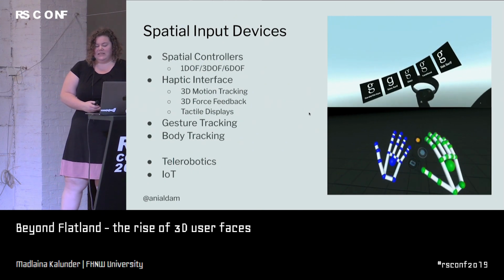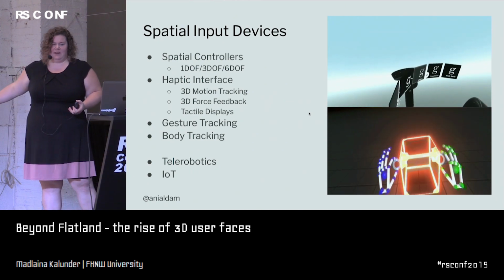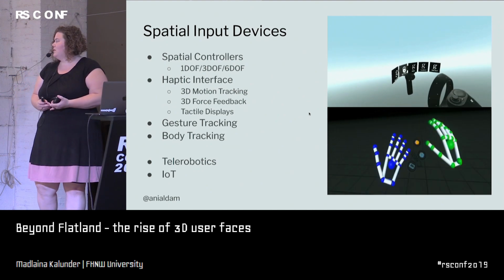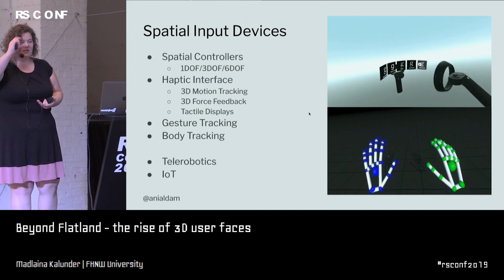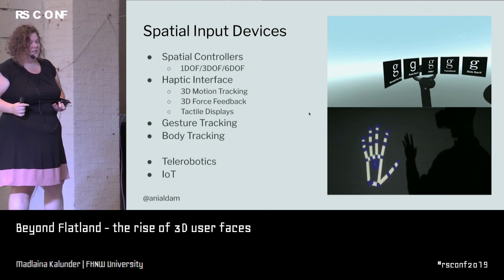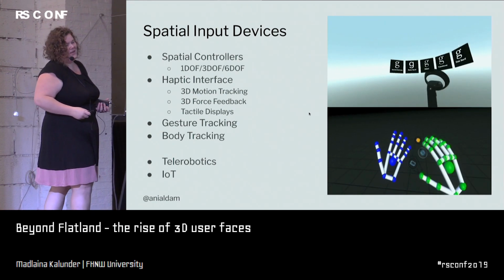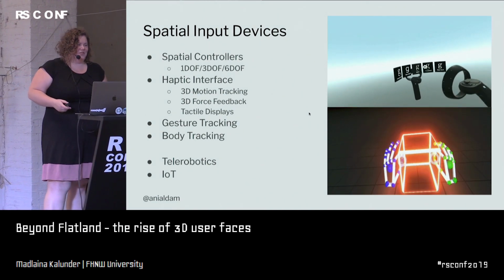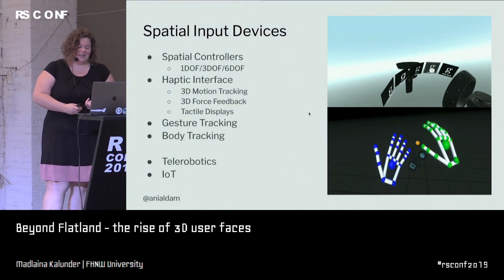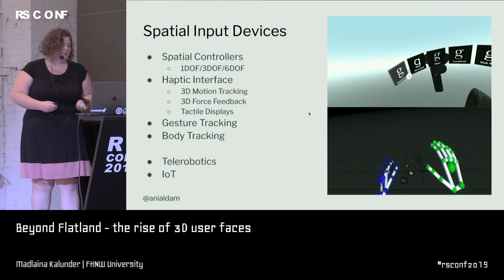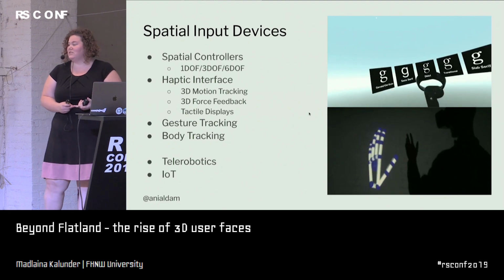Then what we also see is gesture tracking. That's where, for example, this Leap Motion product comes in, but also the Microsoft HoloLens is doing gesture tracking. There is a big margin of error that we hope will be resolved with future development.